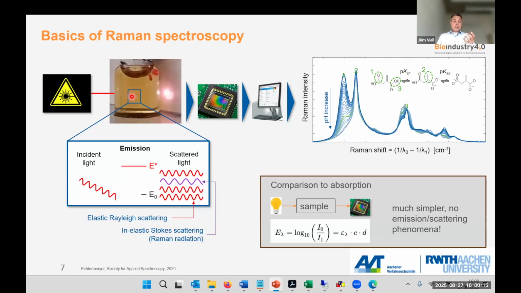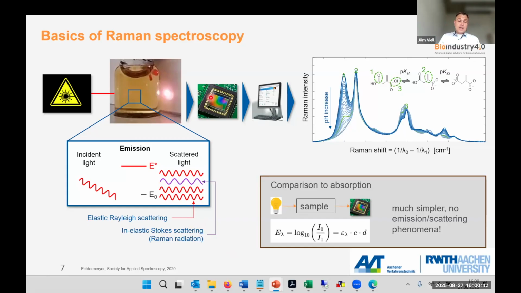When we excite a volume with laser light, we usually have scattered light, which we all know. It has the same wavelength as the incident light, and more than 99% of the light is not modified in terms of wavelength, but a very small fraction is inelastically scattered. That's called the Raman radiation, and that's what we want to analyze.